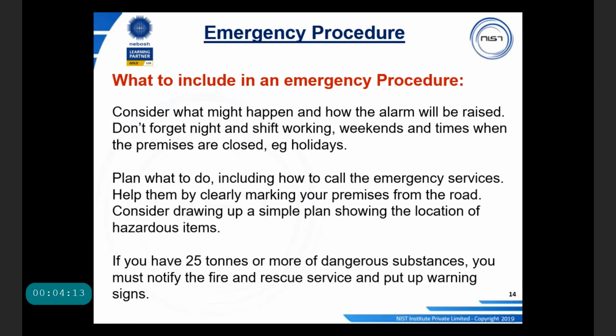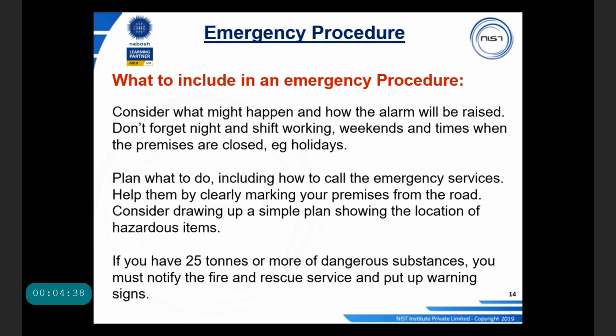So what needs to be in your emergency procedure? You can make a note of it if you like. First of all, the procedure that needs to be followed. Okay. Next, you would be ensuring that the necessary equipment is available, and emergency equipment, which could be different for different emergencies.